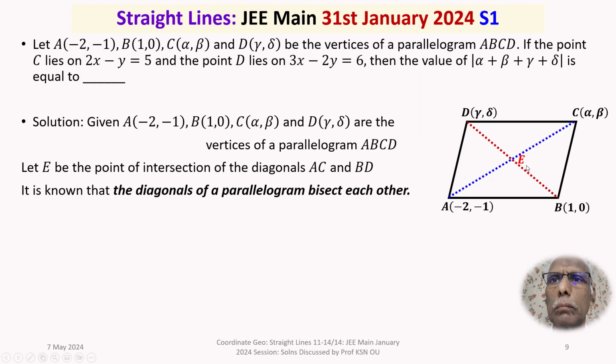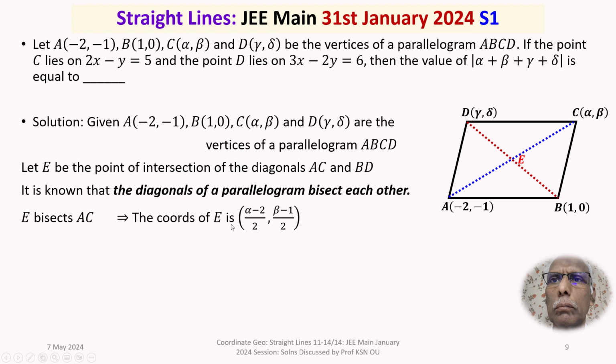Therefore, E bisects AC and therefore, E will be the midpoint. Use the midpoint formula and find a relation. And E bisects DB, so use the midpoint formula for E. Now E bisects AC.